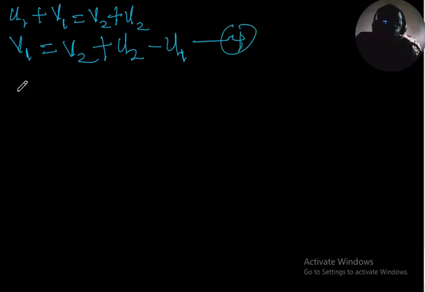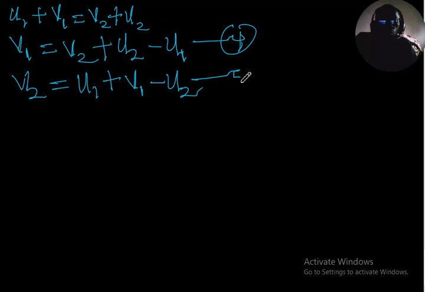Then similarly make v2 the subject of the formula. v2 again will be u1, which is what we have on the left hand side, plus v1, then u2 will come over, minus u2. Call this equation 5.